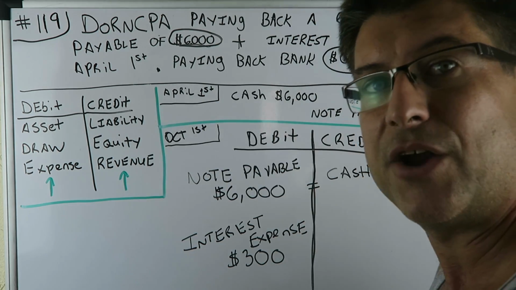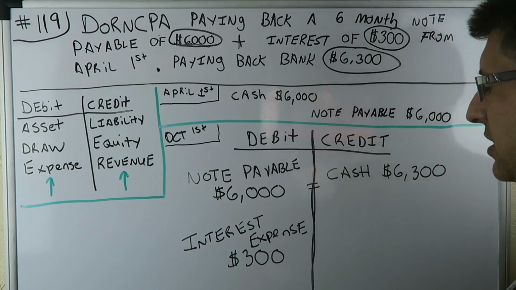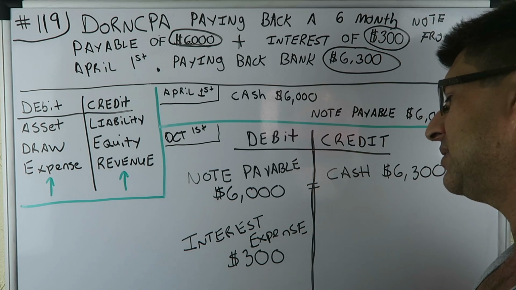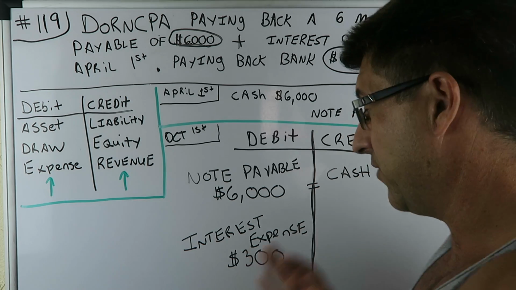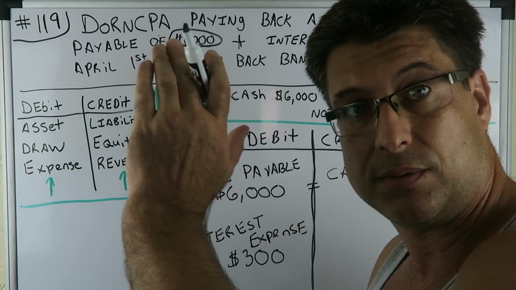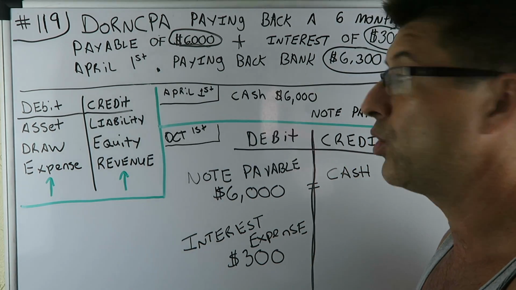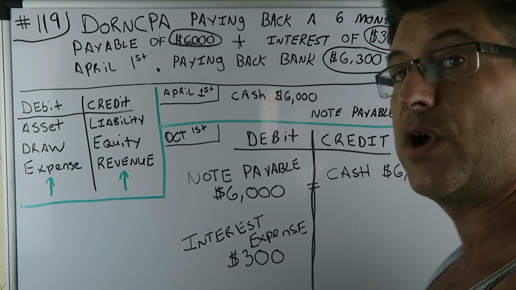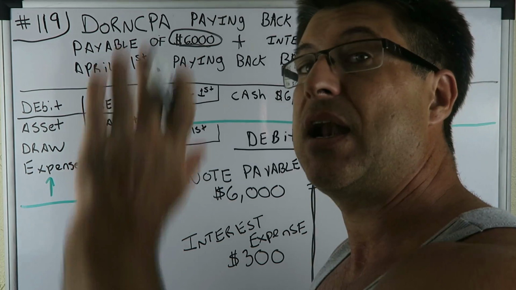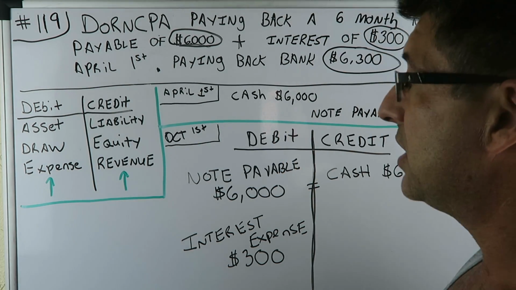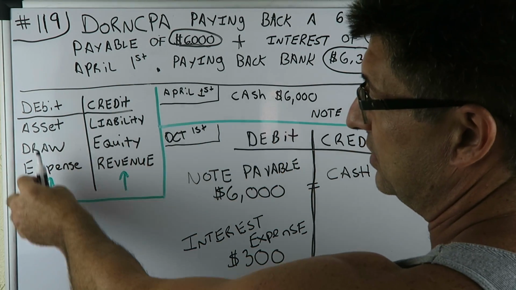Interest expense, $300. Does that make sense? Is our interest expense account going up or down? Let's say from this journal entry, it's going up because we're adding $300. So does that make sense? If you're adding to an expense account, look, it's over here, DC Adler.